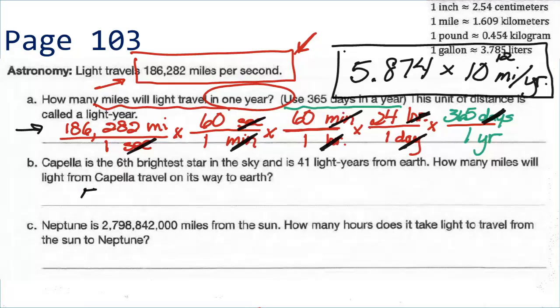Well, if I take 5.874 times 10 to the 12th power, this is 1 light year, and Capella is 41 light years away. What would I need to do?